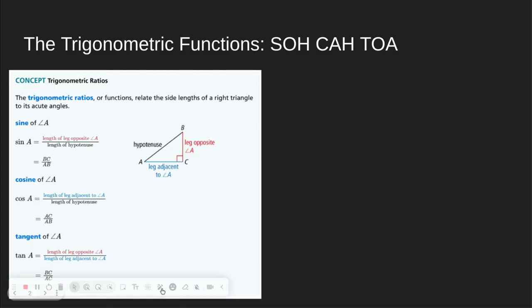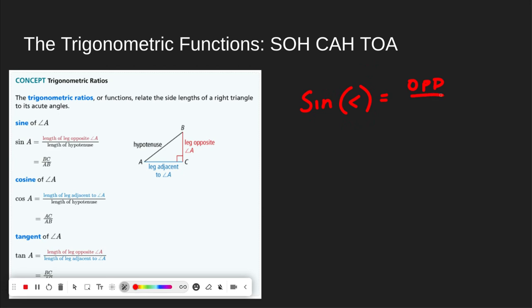I guess one thing I want to remind you is you should write it like this. Sine of an angle is equal to the opposite side over the hypotenuse side. Take another look at this. There are 3 variables. You have your angle. That changes. You have your opposite side.